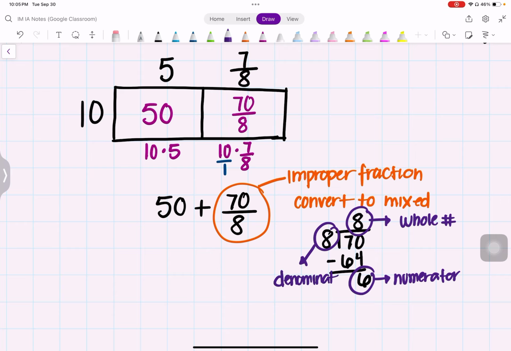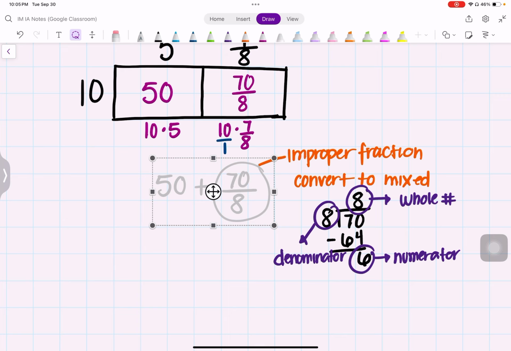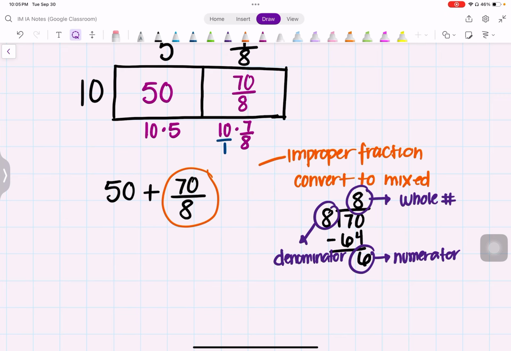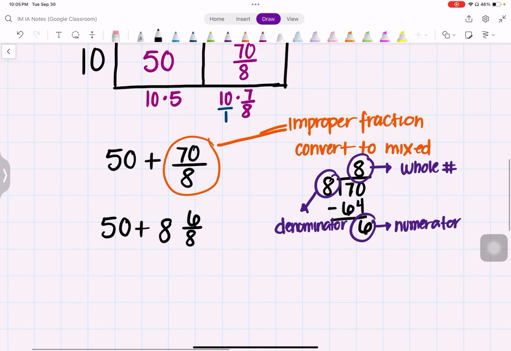So let's go ahead and rewrite this. I have 50. Let me just move this to the side of it. Okay. And it's going to be 50 plus 8 and 6/8, right? So I'm going to go ahead and do a step here, guys.